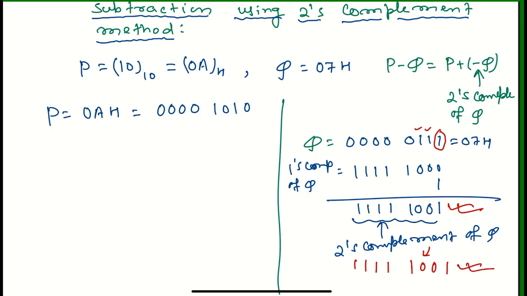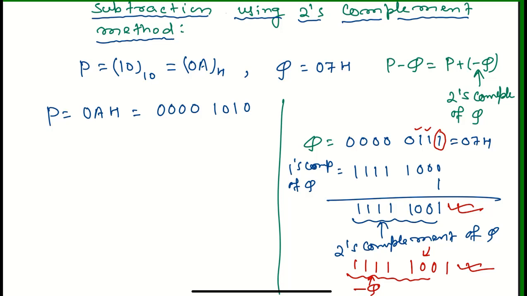So now this gives the representation of the 2's complement of Q, which represents minus Q. Whatever we got, the representation of minus Q, or the 2's complement of Q, should be added with this P. So here, now we need to add these values.